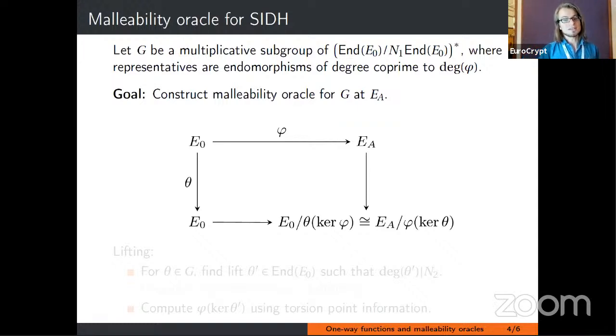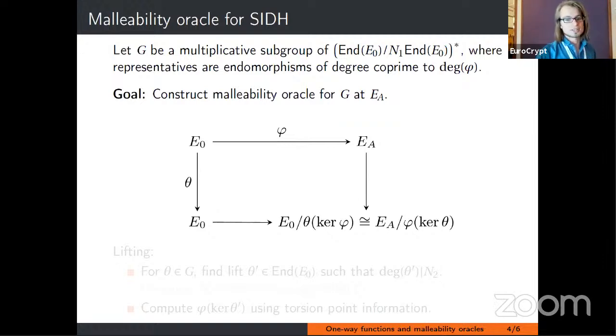So what does this mean? If you have a secret isogeny, in the picture it's phi, from the public curve E0 to EA, where EA is made public by Alice in the protocol, and then you have a theta that acts on the starting curve, basically you want to compute the curve in the bottom right corner of the diagram. Well, in general, you can't do that, because you can't just act with a known endomorphism on a subgroup you don't know, the one that defines the phi in the top row.